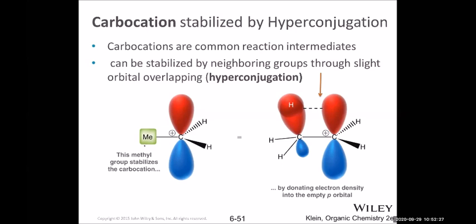Any alkyl group, such as the methyl group. The methyl group has 3 C-H bonds, and we call this hyperconjugation.